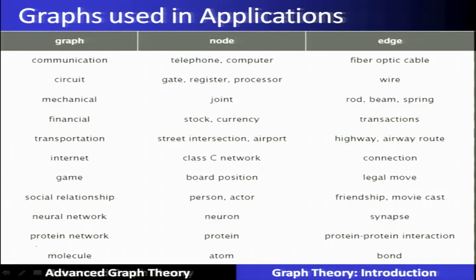The Internet also you can represent in the form of a graph, where the nodes represent the class networks and the edges are the arcs or connections between these networks, and this all will evolve into the Internet, and that can be analyzed. Similarly, in a social network, the nodes represent the actors or persons and the arcs represent friendships, relationships or acquaintances.